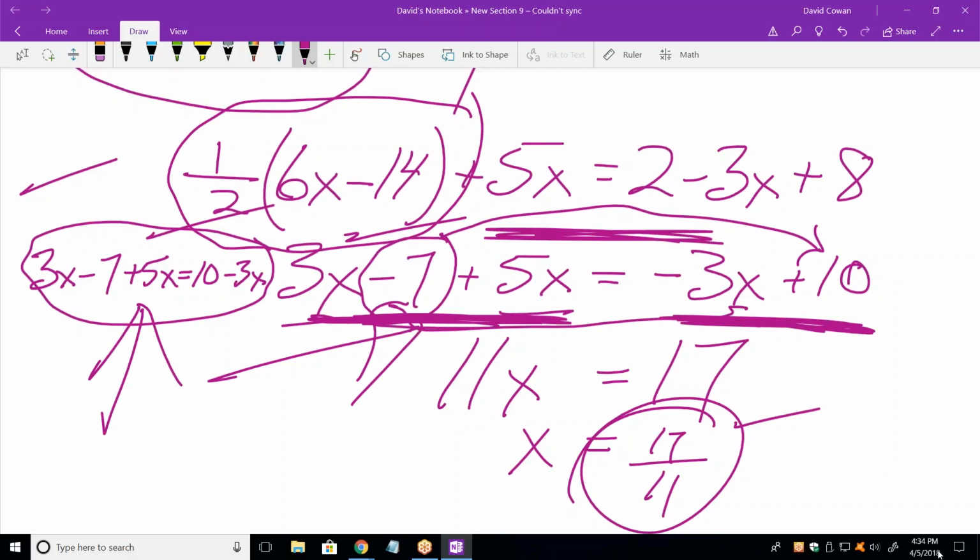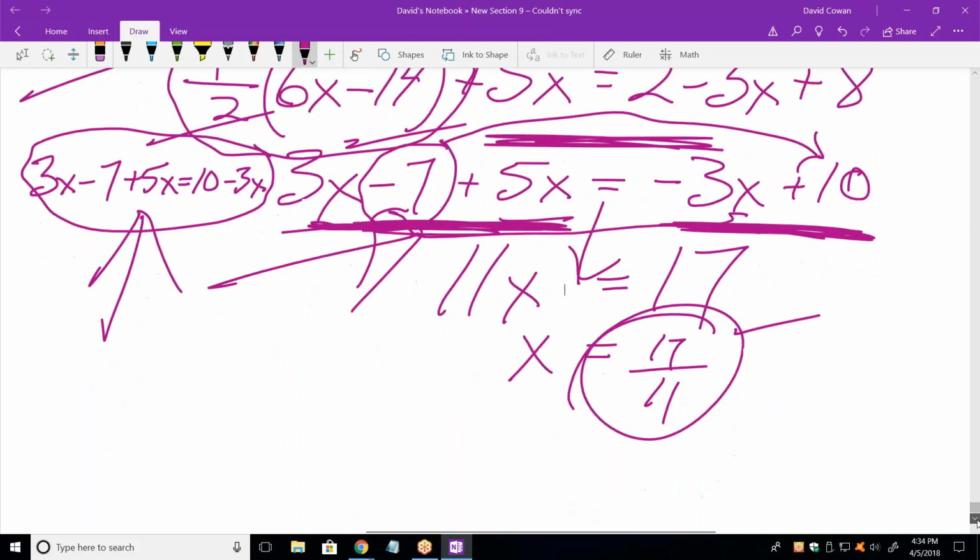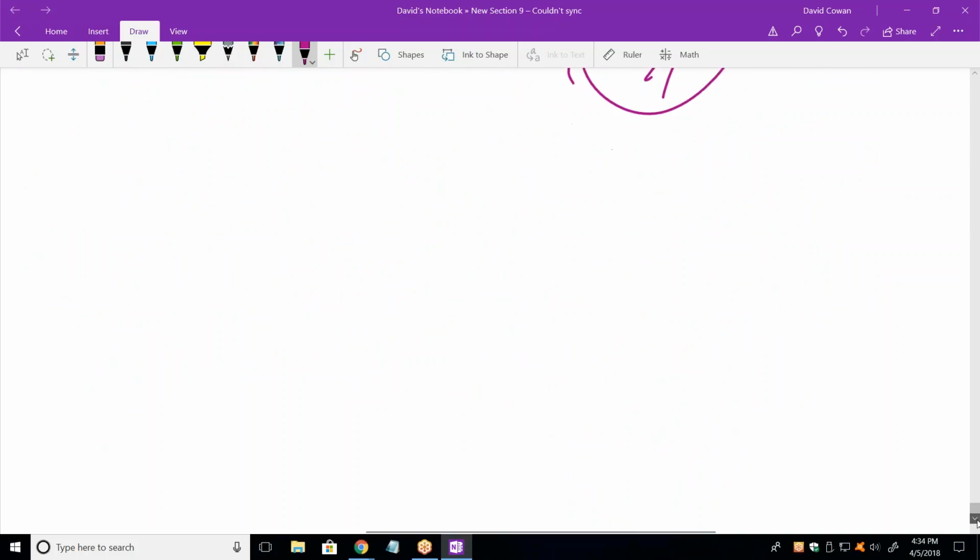So we were done after one step. We didn't need to go all the way down and solve for x. Okay. And then after that, we just have solve for x.